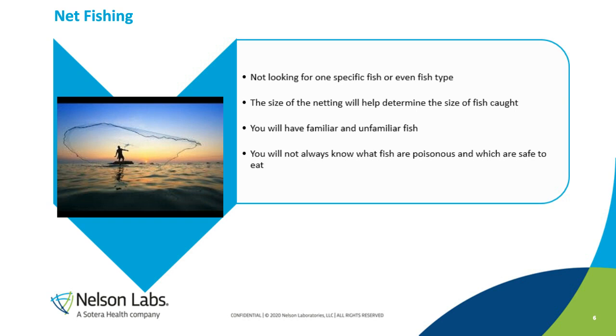The more closely woven the net is, the smaller the fish you're going to get, but the bigger the gaps in that weave, the more fish that can get through. You're going to have fish that you've probably seen before and are familiar with, but you're probably going to get fish that maybe you haven't seen before, it's new, and you may not know everything there is about that fish. And depending on where you're fishing, some of those fish may not be very good to eat or may even be poisonous.